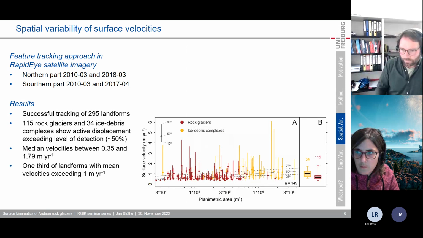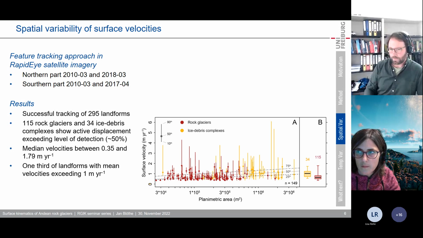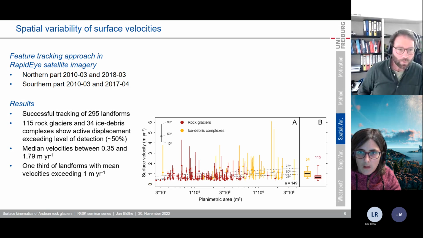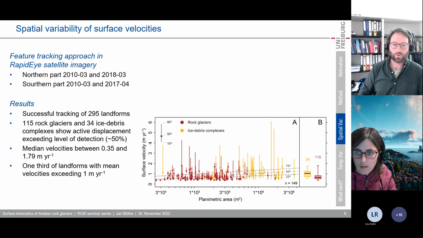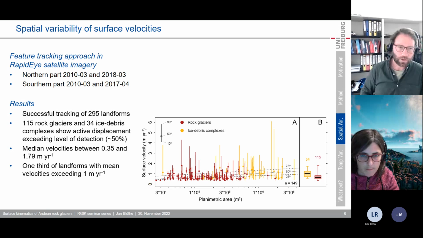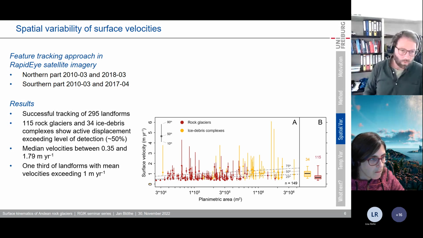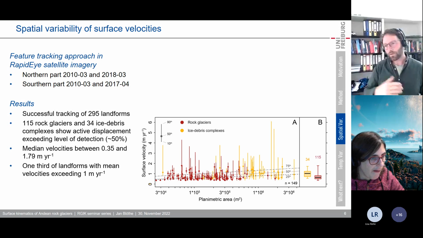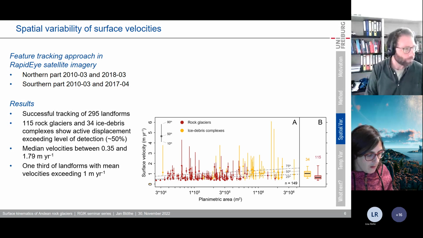If we look at the entire distribution, in this case the 10th, 50th, and 90th percentile of all these features that we were tracking successfully, we can see that the median velocities vary between 0.35 meters per year for those with a lower limit of detection, and roughly 1 meter per year. And a third of these landforms is actually moving faster than 1 meter per year. So quite fast features if we compare it to data from the European Alps, for example.